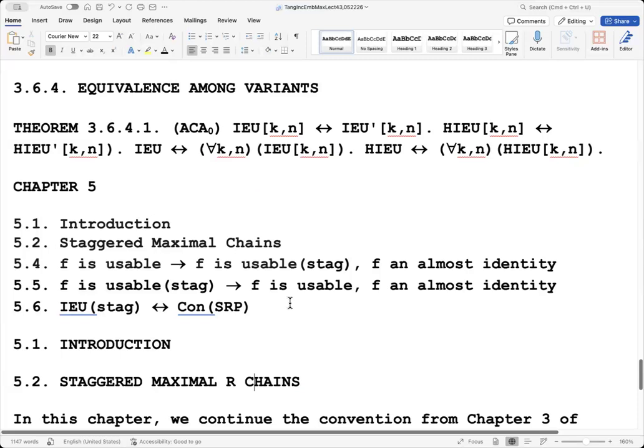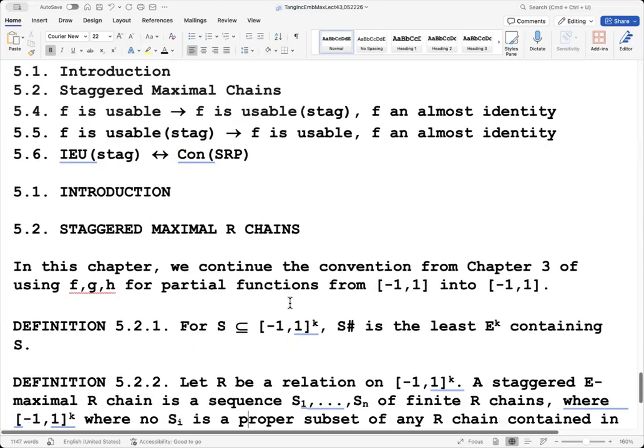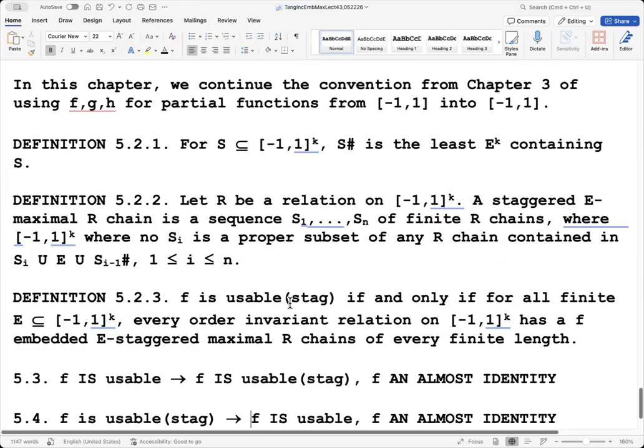All right. So okay, I have a notion of staggered maximal arc chain. The key definition we need is S sharp.